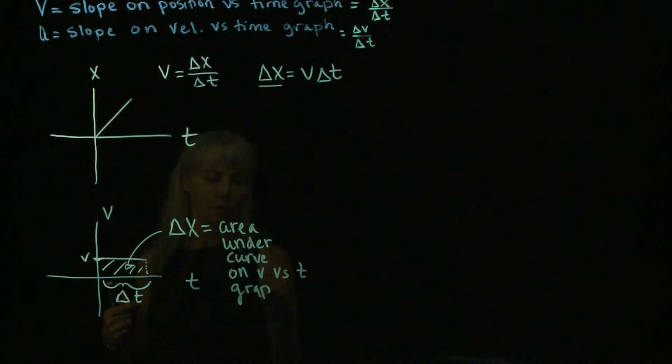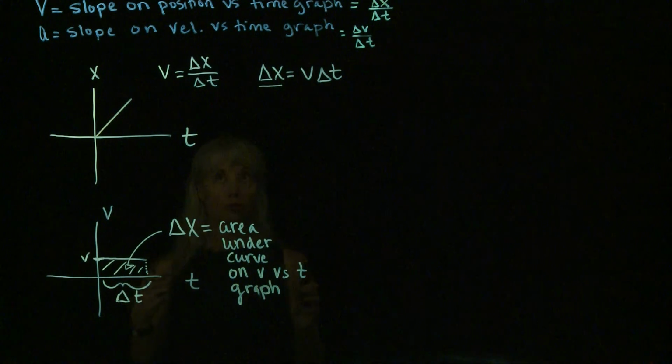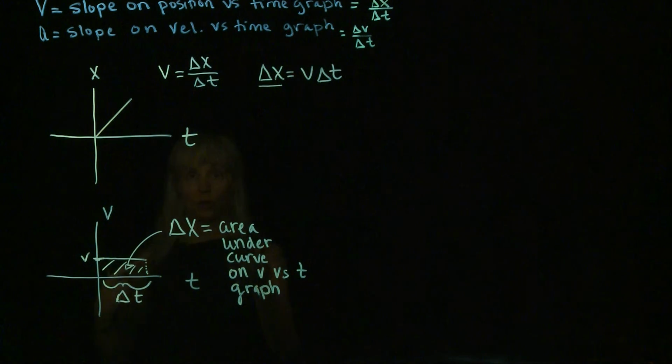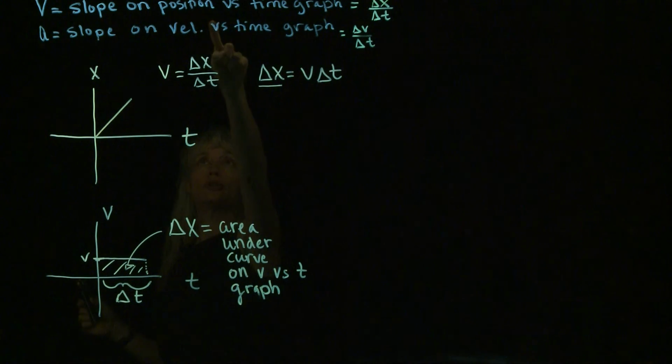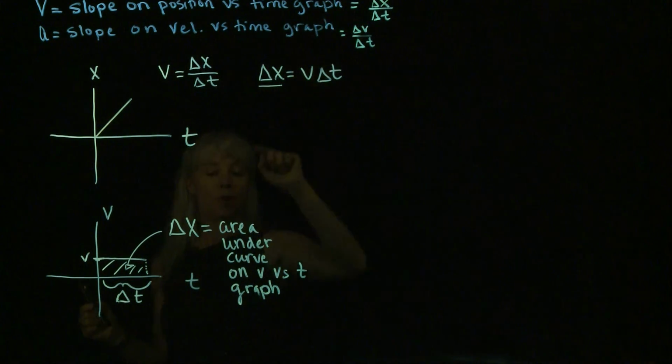This is really important information for us. As we're going to see, we're going to have 4 relationships that we're going to want to keep track of so that we can find graphical information for one quantity by knowing graphical information from another. So now we know that velocity is the slope on the position versus time graph.